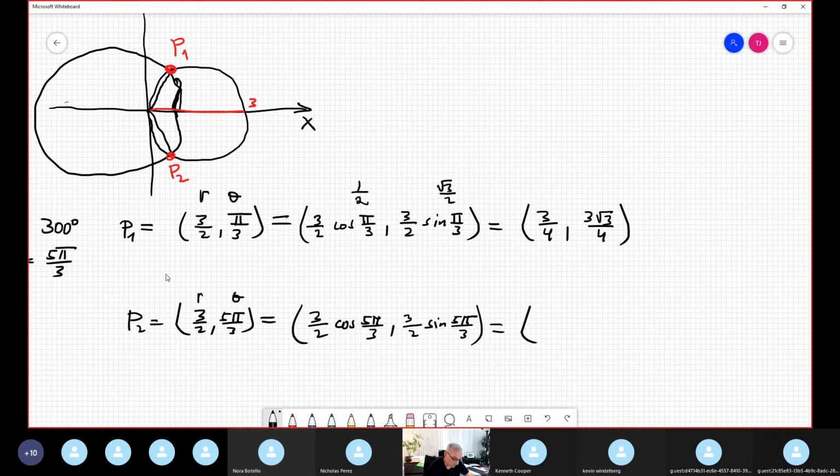Okay, and the second is exactly the same because it's 1/2 positive, 3 over 4. But this is negative: negative 3 radical 3 over 4. Clear? Wow, I like that.